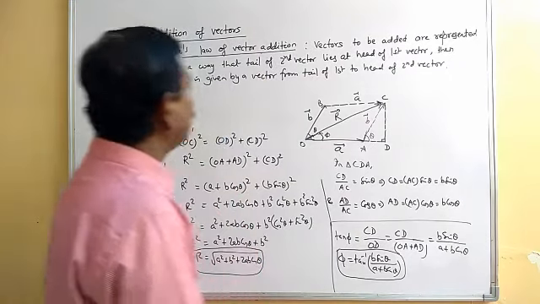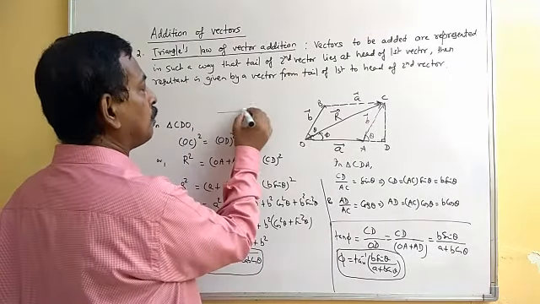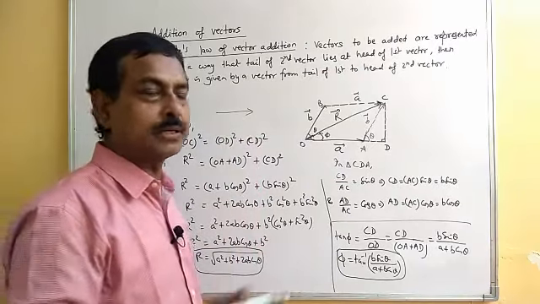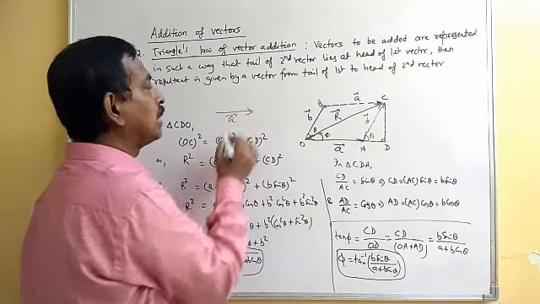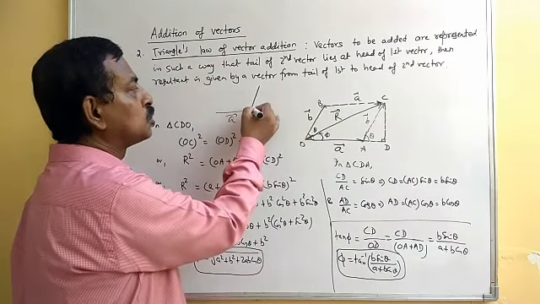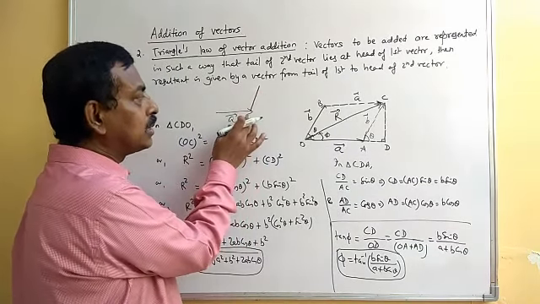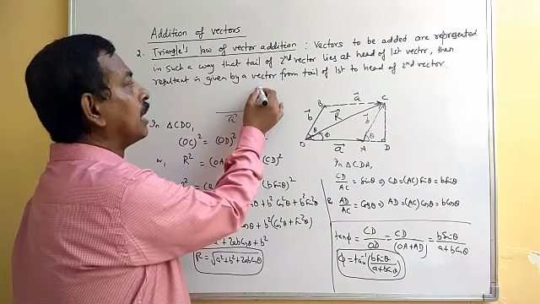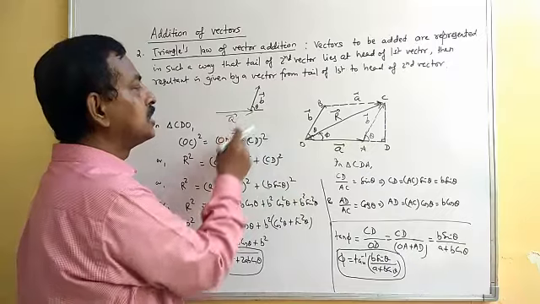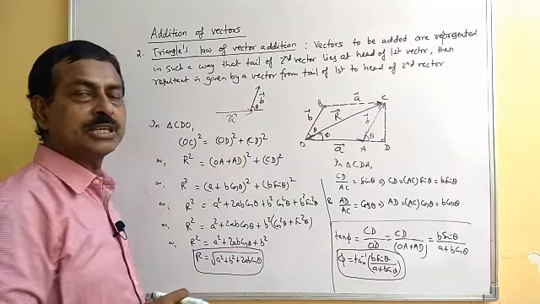That means if I have a vector A and I want to add vector B to that, this is vector A and I want to add vector B. So the B vector will be represented so that its tail is at the head of vector A. This is your vector B at the required angle. If it was at an angle theta, we'll put it at the angle theta.